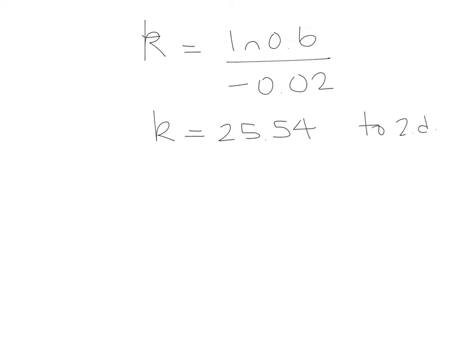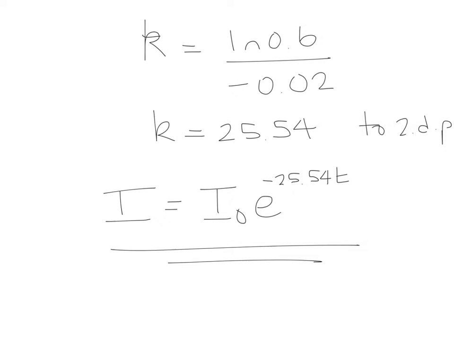That's what it asked us to round to in part A. Now just before we move to part B, we can now rewrite our equation, but instead of having k, we can have 25.54. So it will be I is equal to I0 times e to the negative 25.54t. And we will use this formula here in part B.